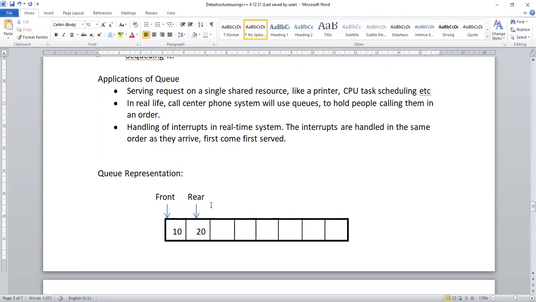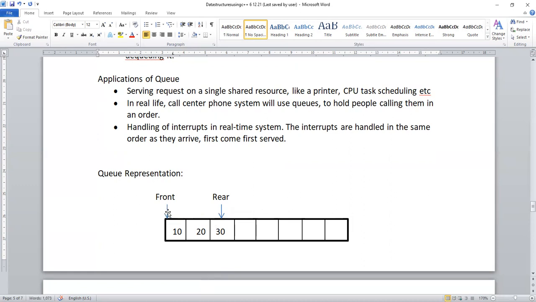Again, if I want to insert one more element, this rear pointer will move forward here, and I can insert the element 30 in it.